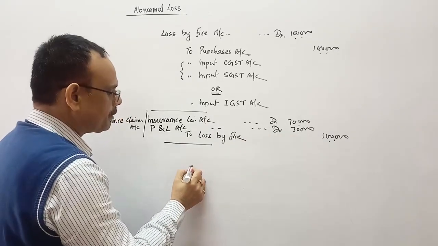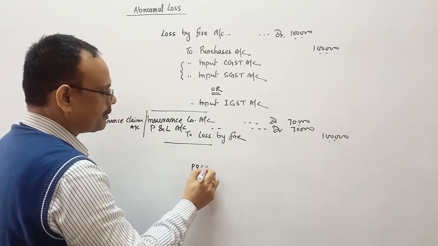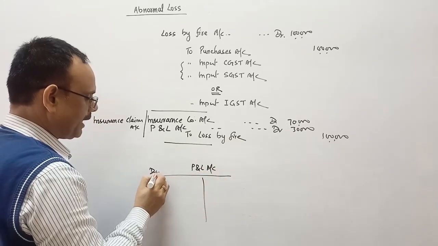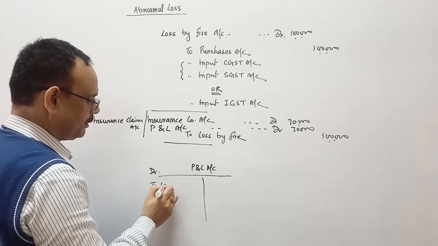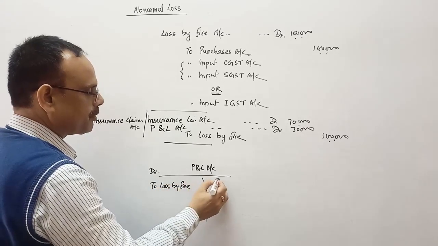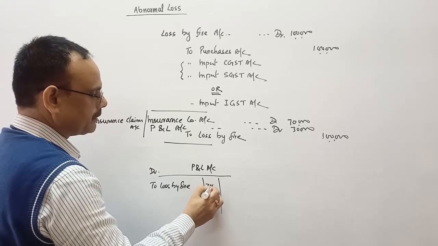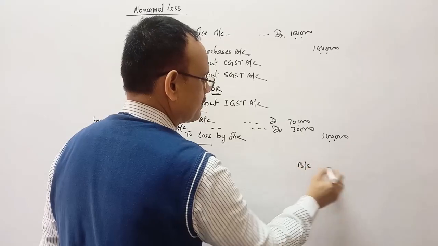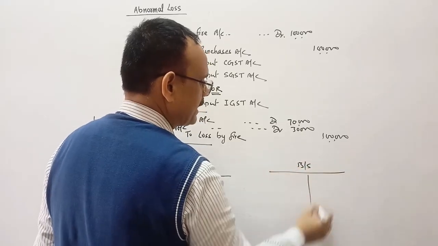So in profit and loss account, debit side you write to loss by fire, how much amount? 30,000. Which side? Debit side. In balance sheet, which side? Asset side.